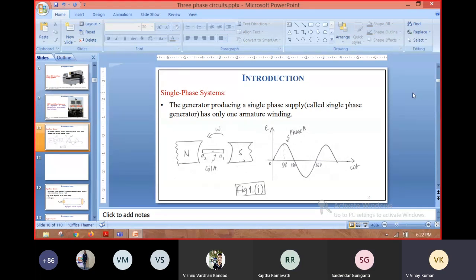Okay, coming to single phase system. Normally here we have two poles. Magnetic field will be produced by these two poles. Here we are placing a coil. Actually, it is not a coil. We are placing here armature winding. Winding is placed inside this magnetic field.